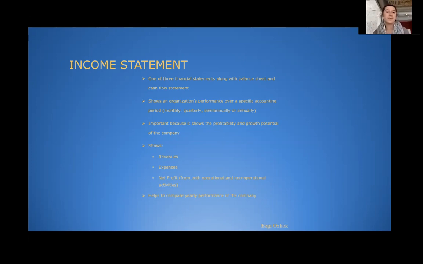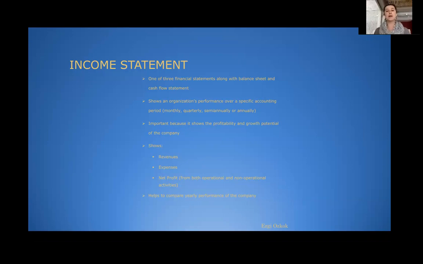If we define the balance sheet as a snapshot, the income statement is like a movie. It shows the organization's performance over a specific period of time. It can be monthly, quarterly, semi-annually, or annually.